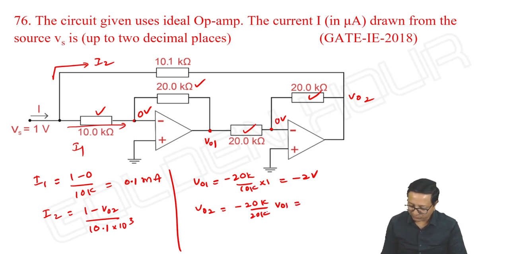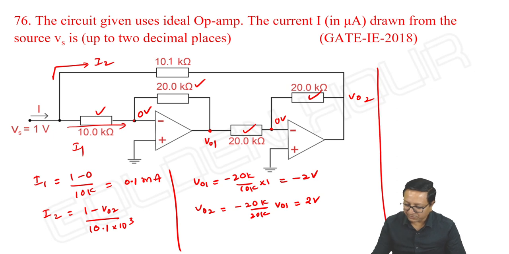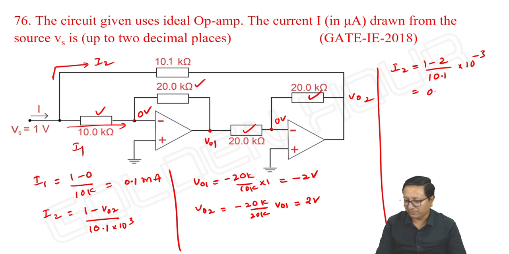If V1 is minus 2, it is plus 2 volts. We got V2 also. Then I2 is equal to 1 minus 2 by 10.1 into 10 power minus 3. 1 by 10.1, if you calculate it, is 0.099 milliamperes.